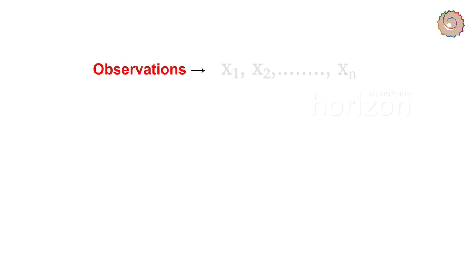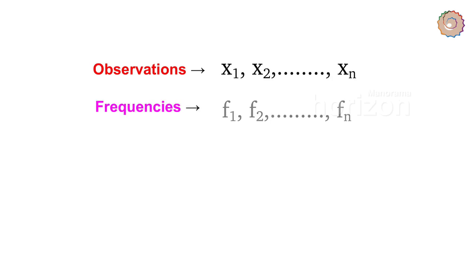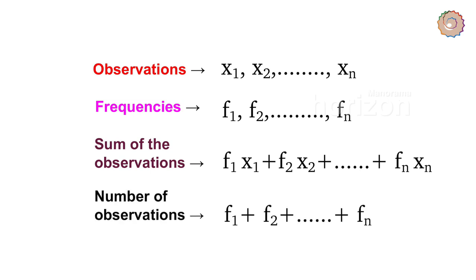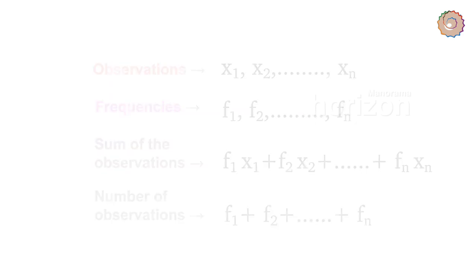If there are x1, x2, up to xn observations and f1, f2, up to fn are the respective frequencies, then the sum of all the values of the observations is f1 x1 plus f2 x2 up to fn xn, and the number of observations is f1 plus f2 up to fn.